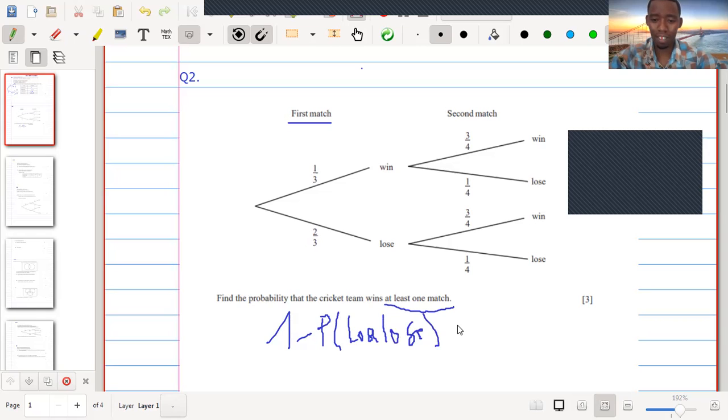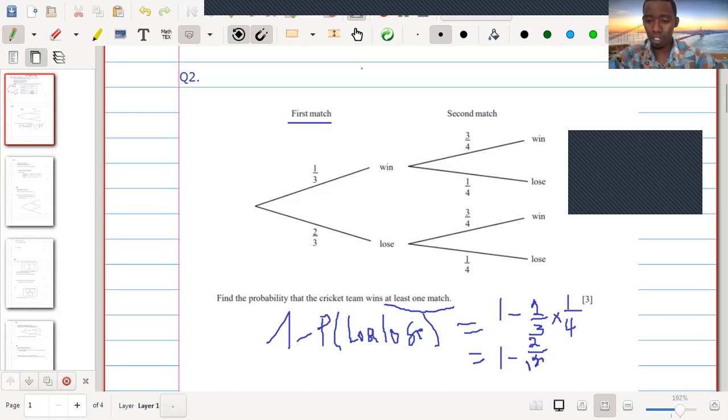What is it? It's going to be 1 minus 2/3 times 1/4. Then you get 1 minus 2 times 1 is 2, then 2/12.